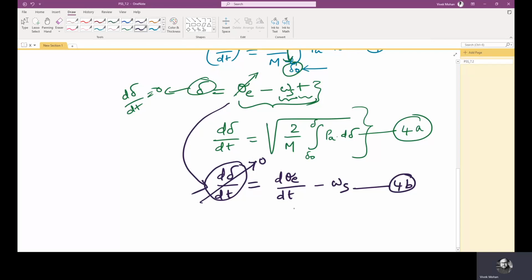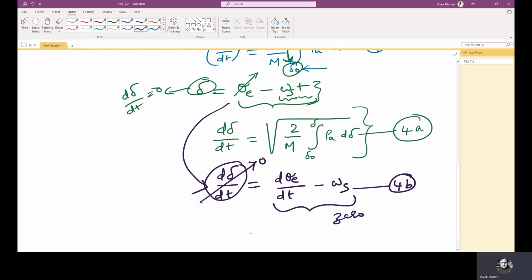This becomes 0 at some time after the disturbance, because once the initiating disturbance has occurred, it will have some oscillations, and after some time it will settle down to a new steady state operating point with a new power angle value.